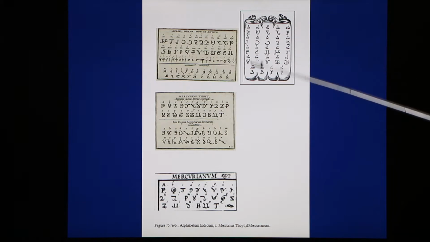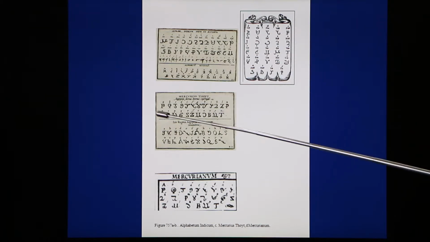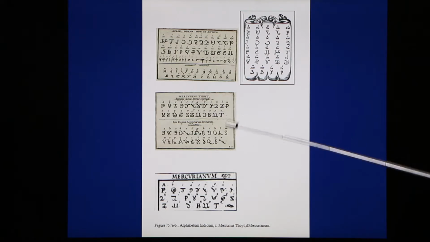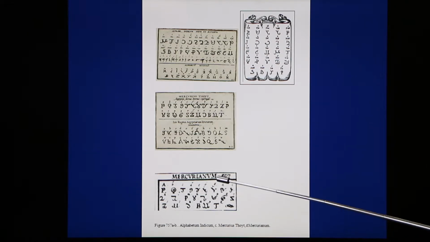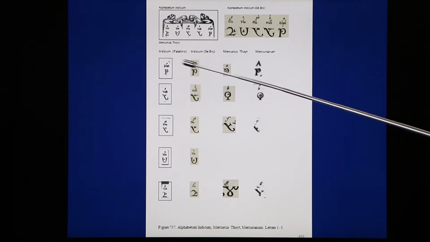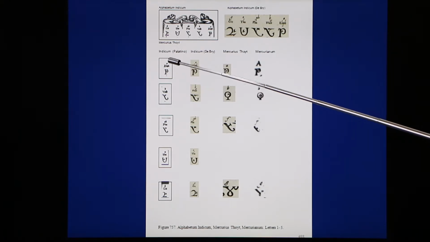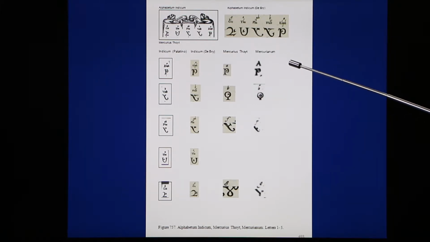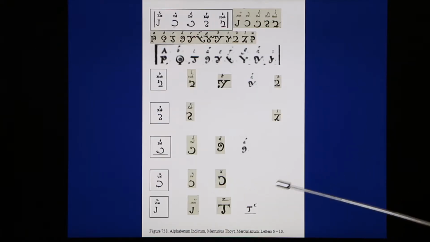Here is another version, and many of those letters return in Mercurius thought or in Mercurianum. And now I compare Indicum of Palatino, Indicum of de Brie, Mercurius thought in Palatinum, and you can see some of them are complete copies and others considerable variation.